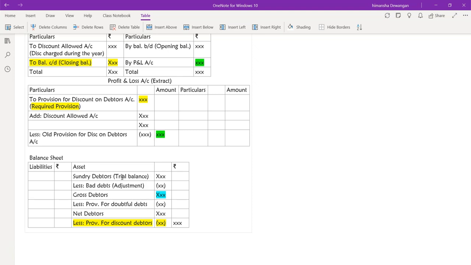Then you will reduce the provision for doubtful debts calculated on this gross debtors. Then you will get your net debtors. Then you will calculate the provision for discount on debtors on these good debtors. Actually, we should write good debtors, because the net sundry debtors balance will come after this final one.